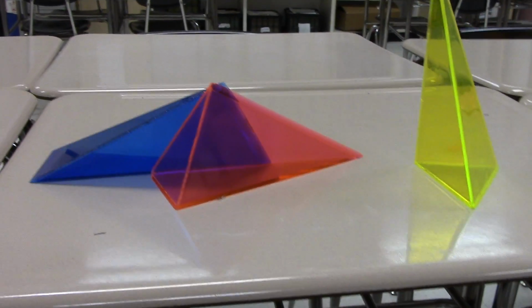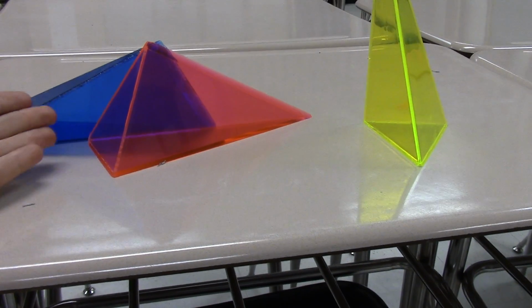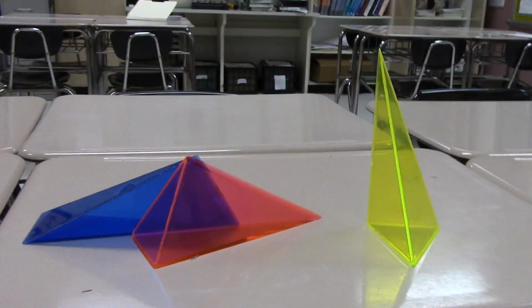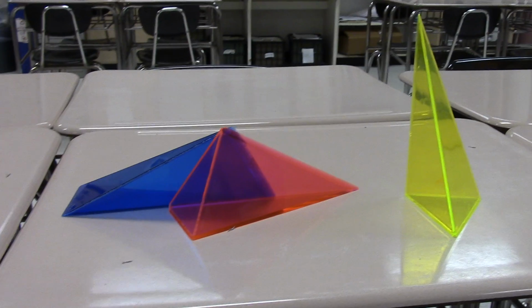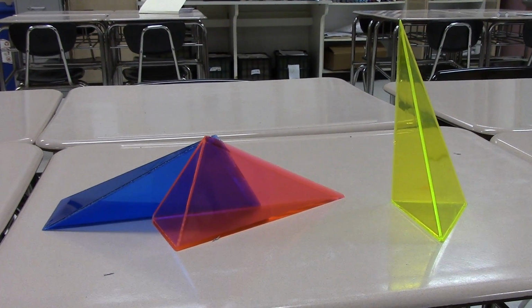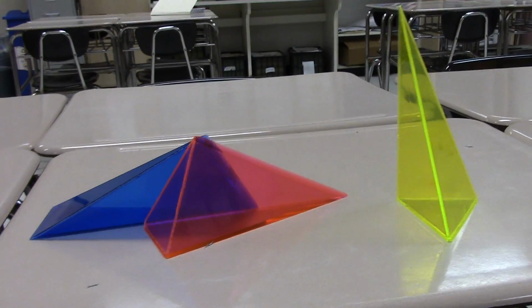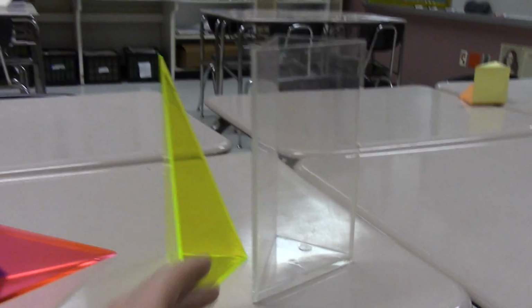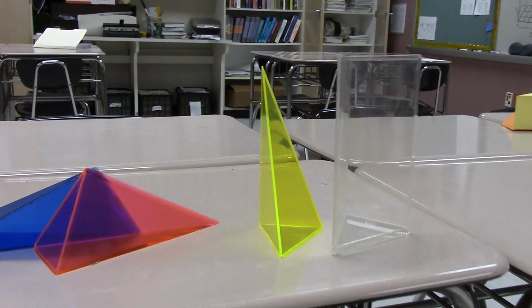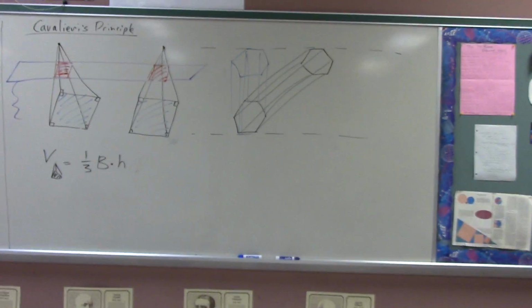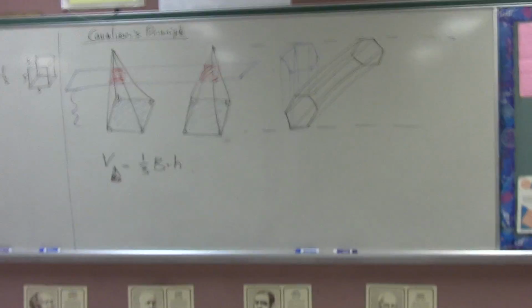So by a kind of transitive property, since these two have the same volume and those two have the same volume, then all three have the same volume. And if all three have the same volume, well then the volume of each of them must be 1/3 of the corresponding prism. And so for this particular triangular prism, which was more or less arbitrary, the volume of the pyramid is 1/3 the volume of the corresponding prism.